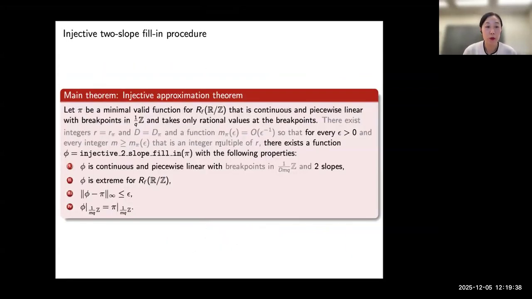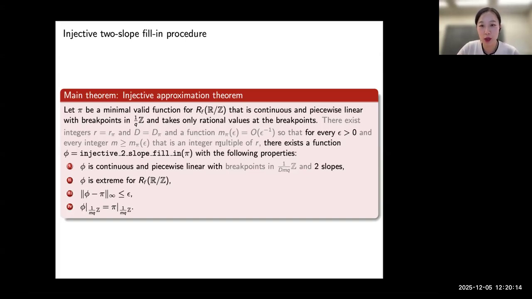So in our main theorem, we propose a variant of the previous symmetric two-slope fill-in. We propose the so-called injective two-slope fill-in. Its specialty is that it preserves the function value on the grid points, so that we show the infinite group problem is the true master problem for all cyclic groups. Specifically, we take a minimal function pi, continuous piecewise linear with rational breakpoints and only rational slopes.